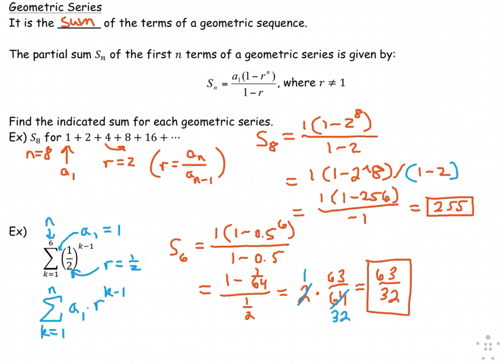Or simplifying by hand, dividing by 1/2, you multiply by the reciprocal of 2, and the difference here would be 64 and 64 to make common denominators, and then 64 minus 1 gives that numerator of 63, and then simplify before you multiply, and you get this final answer.